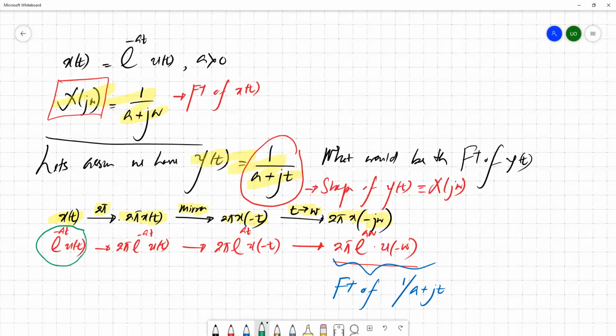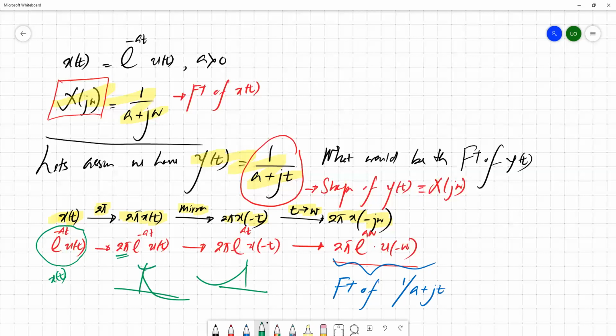This is your xt. Multiply with 2 phi, so it becomes 2 phi e to the power minus at ut. Then take the mirror, so t becomes minus t. So we have this kind of a function.